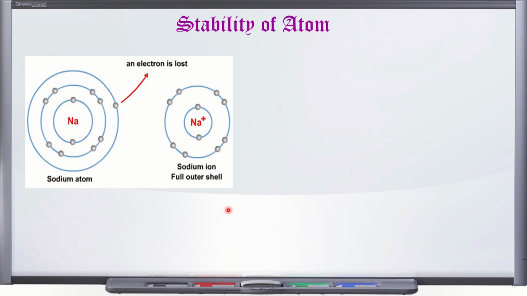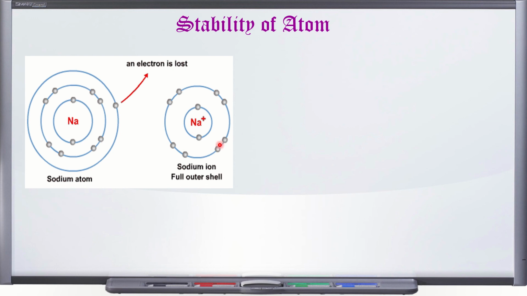Now, look, this is the electronic configuration of sodium. It has only 1 electron on its last shell. If sodium releases this 1 electron, then this shell has no need. That means it has no electron here, so no need to draw this shell. There are 8 electrons on its second shell, and now it will be its last shell. So after getting 8 electrons on the last shell, sodium will become stable.